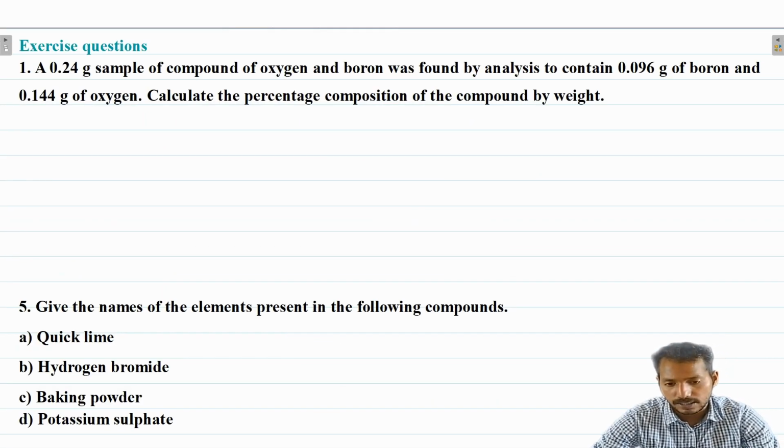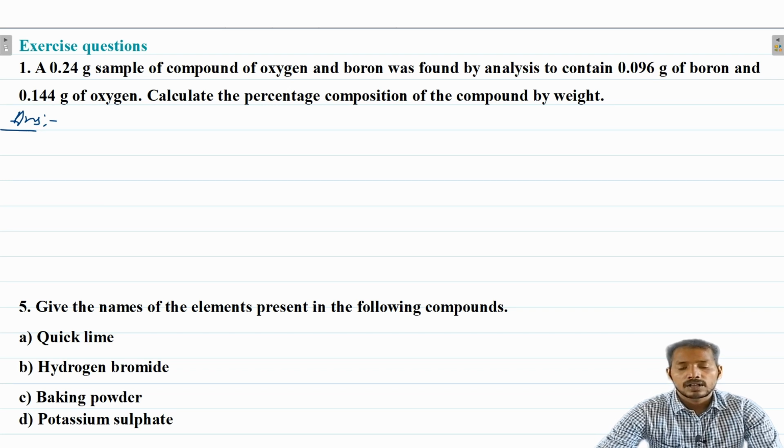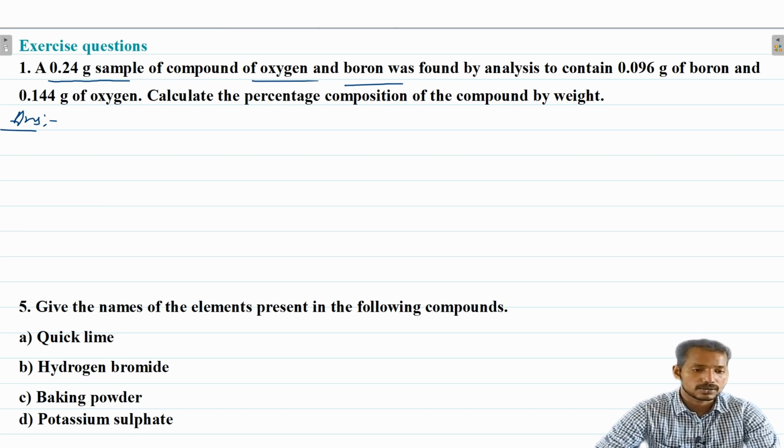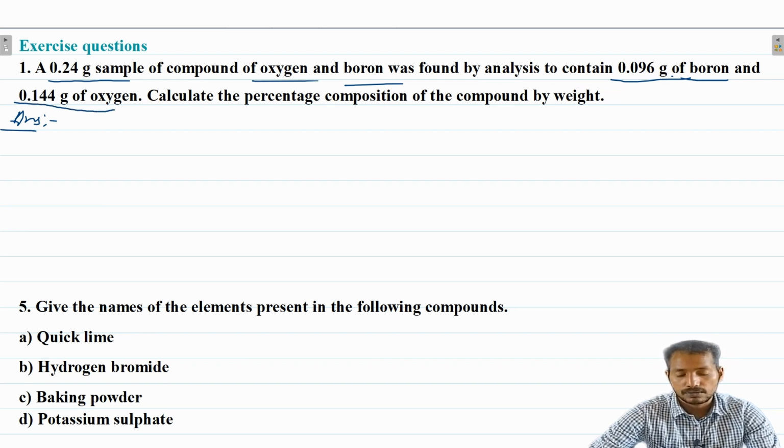First question I am taking, that is question number 1. A 24 gram sample of compound of oxygen and boron was found by the analysis to contain 0.096 gram boron and 0.144 gram of oxygen. Calculate the percentage composition of the compound by weight.